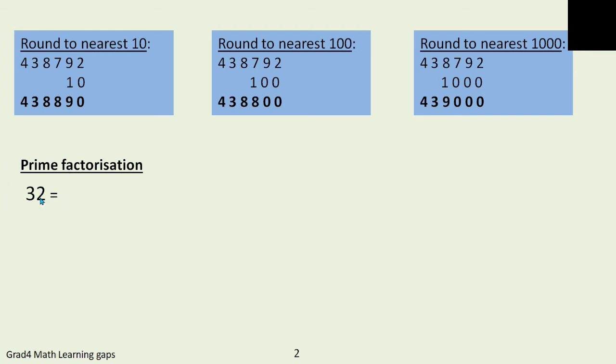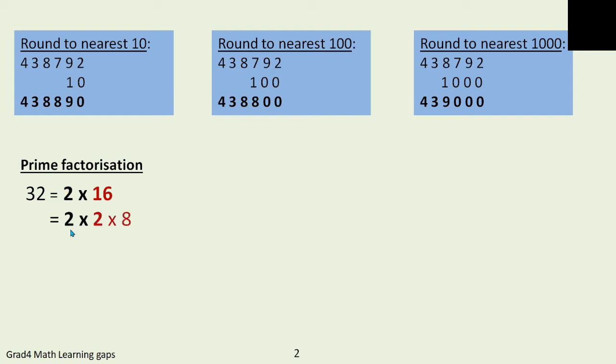For finding out the prime factorization, you have to see that 32 comes in which prime number's table. So I think 2 is the first number. So 2 multiplied by 16 will give me 32. Now 16 again I have to break in such a way that the first number is a prime number. So again 16 comes in 2's table, so I will break it off in that way.